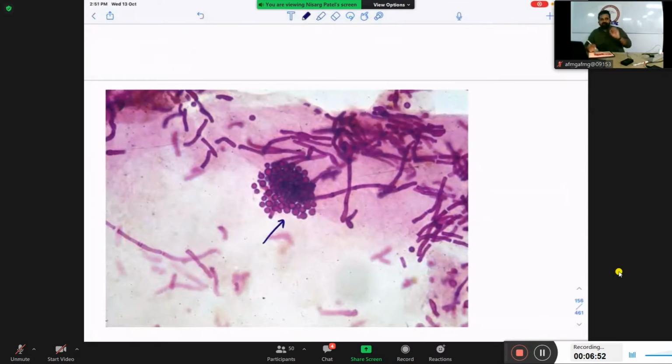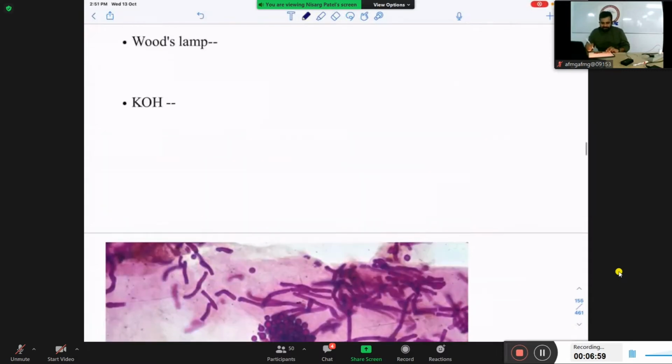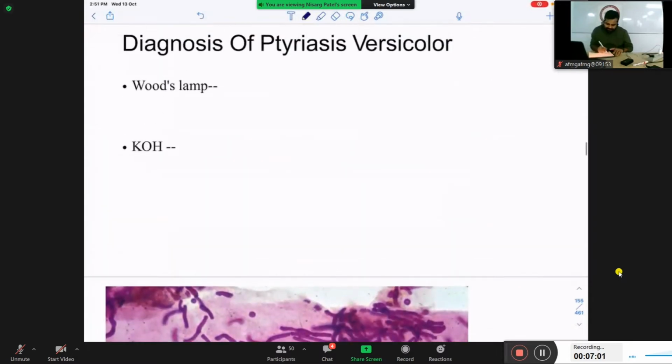This is the round yeast form, and this is the hyphae form. That is why on KOH examination in the diagnosis, this MCQ has been asked multiple times. It is a spaghetti and meatball appearance. This image-based question has been asked multiple times.